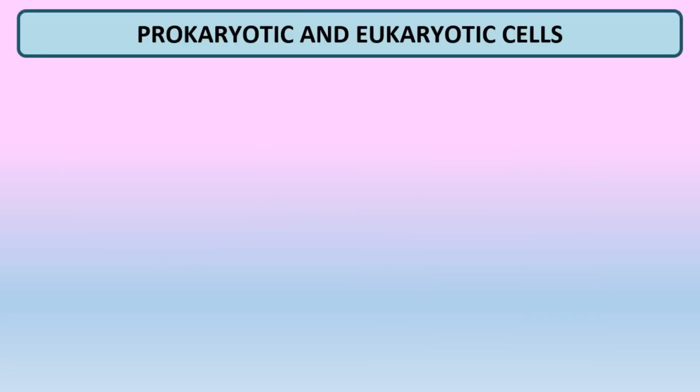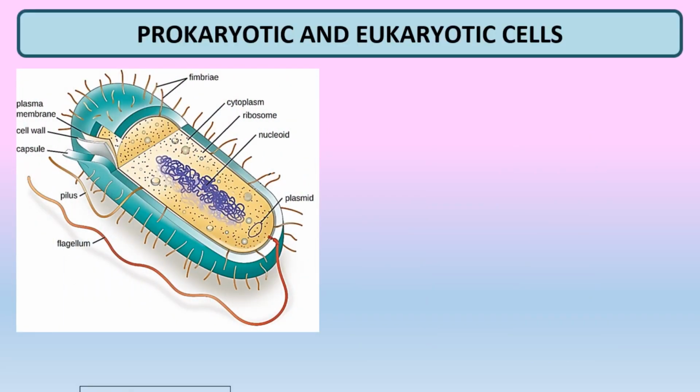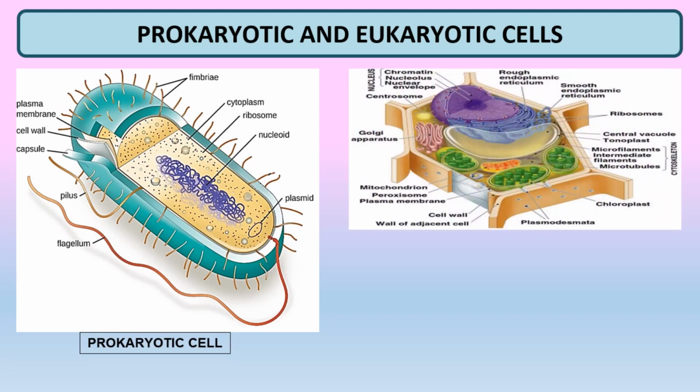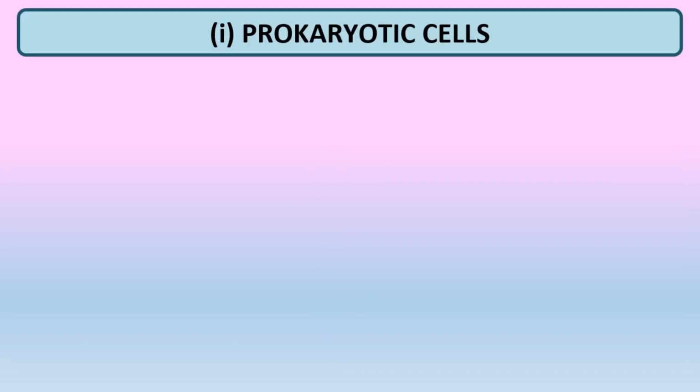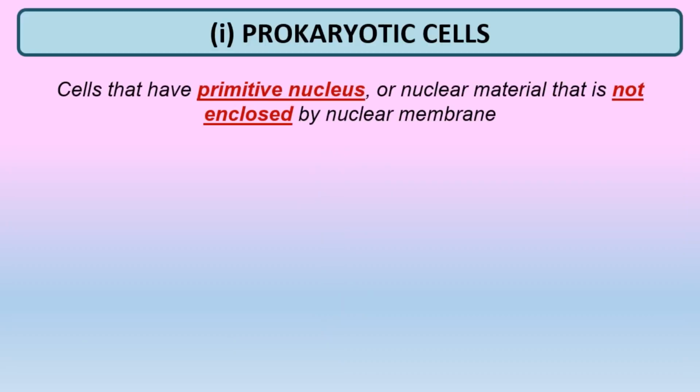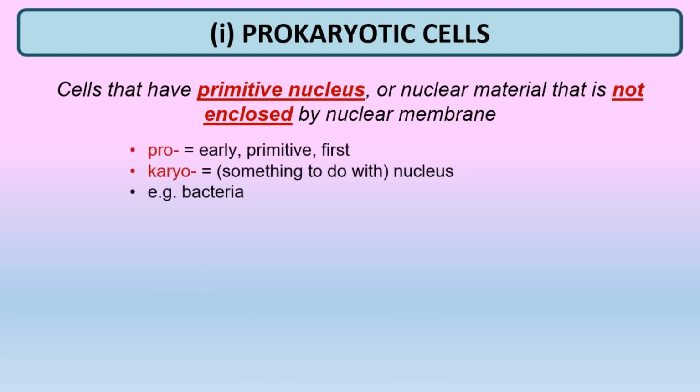This slide shows a diagram of prokaryotic cells and eukaryotic cells, for plant and animal cells. A prokaryotic cell is a cell that is not enclosed by a nuclear membrane.